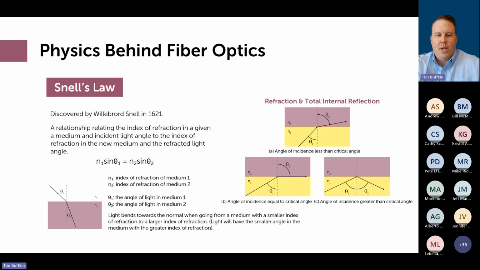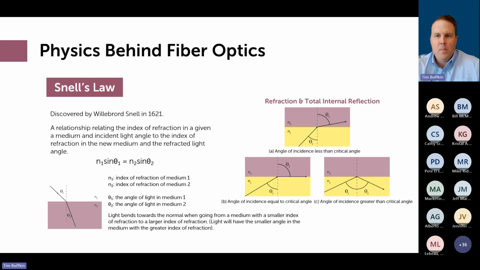So basically, while you have your indices of refraction in your two different mediums, Snell also took the angle and incorporated that into how the light continues to go in between the two mediums.